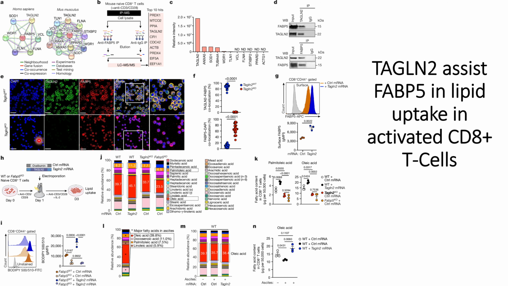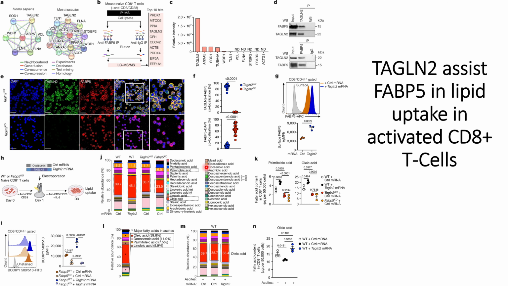Whereas in the TAGLN2 knockout cells, there is more overlap of FABP5 proteins and DAPI, indicating that these FABP5 proteins remain mostly inside the cells or in the nucleus, because TAGLN2 is absent in those cells, and the FABP5 proteins will not be transported to the cell surface.